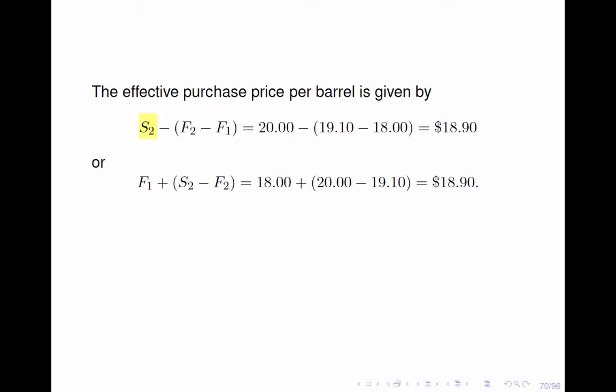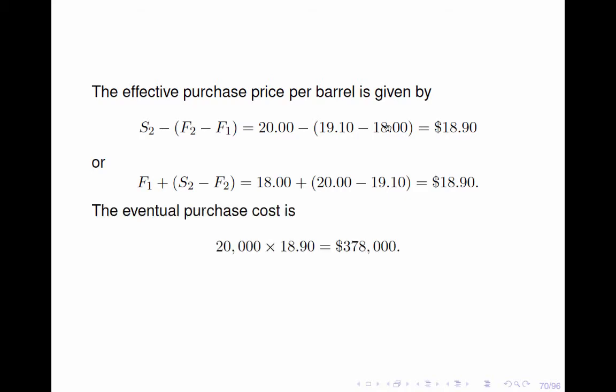First, the spot price at time t2 minus the gain the company made from the long position of the futures, that is, F2 minus F1. Second, the futures price at time t1 plus the basis at time t2. And both methods give the effective purchase price of $18.9 per barrel.